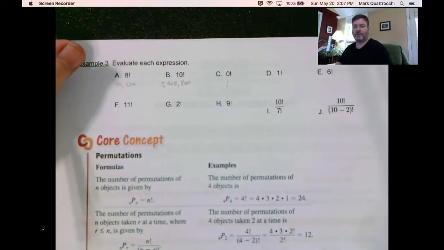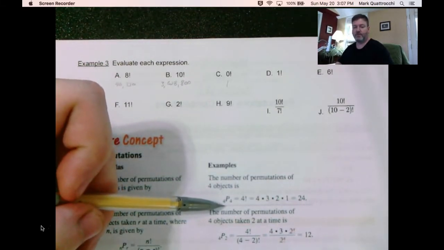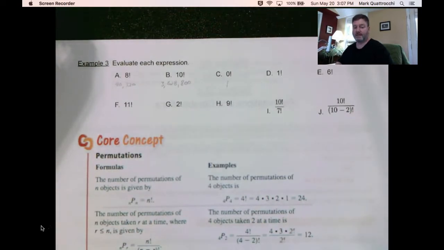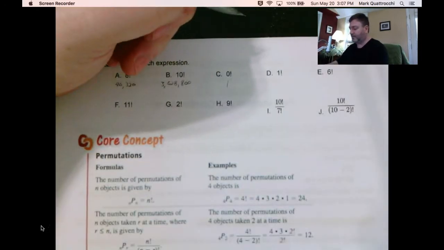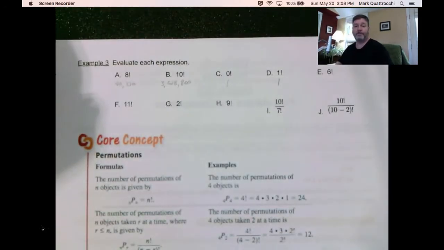That becomes important to us later on when we're doing a problem like 4P4 and things like that. We may have 0 factorials that we have to have the value of 1 for. 1 factorial also is 1. If you check that on your calculator, you'll get 1.